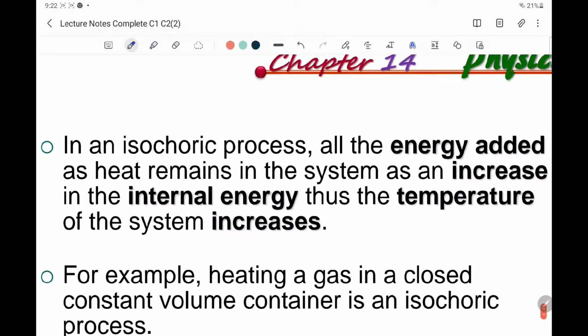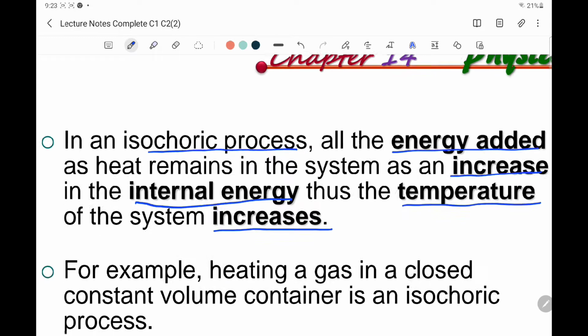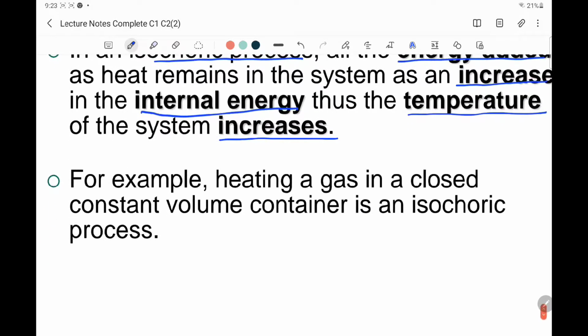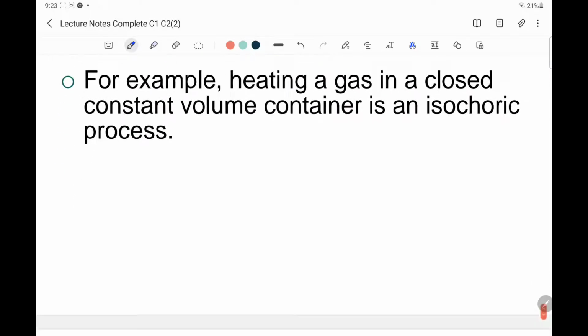In an isovolumetric process, all the energy added as heat remains in the system as an increase in the internal energy. Thus, the temperature of the system increases. For example, heating a gas in a closed constant volume container is an isovolumetric process.